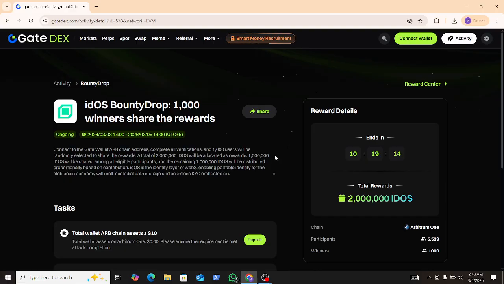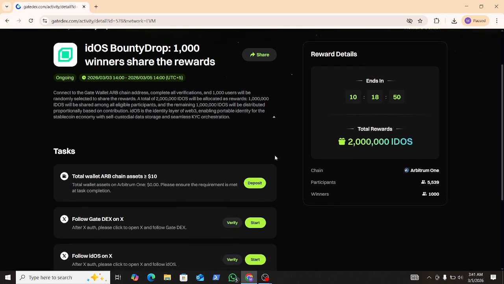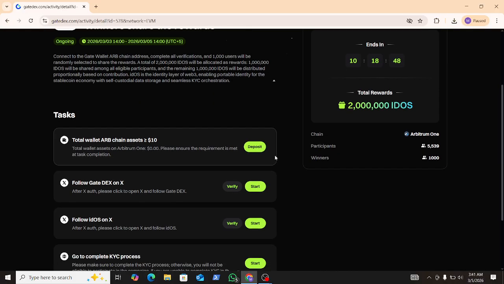IDOS is the identity layer of Web3, enabling portable identity for the stablecoin economy with self-custodial data storage and seamless KYC orchestration. The total valid ARB chain asset must be greater than or equal to $10.